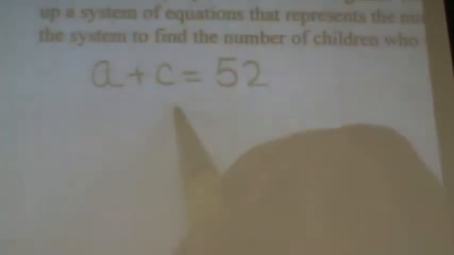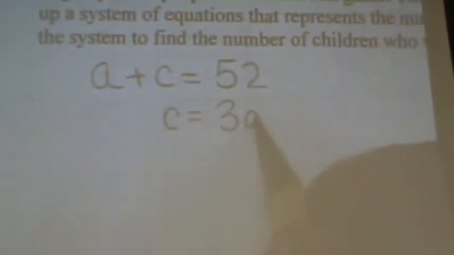What do I have to do to the adults? There's 3 times as many, I put them higher. What do I have to do with this to make it equal to that? Multiply by what? 3. So C is equal to 3 times A. If we multiply the adults by 3, then they'll be even. Now, how would you solve this?